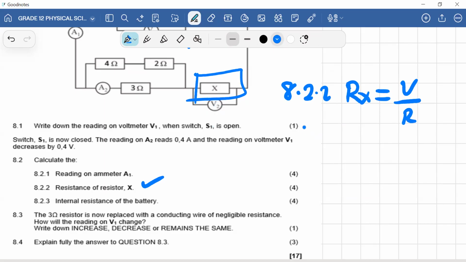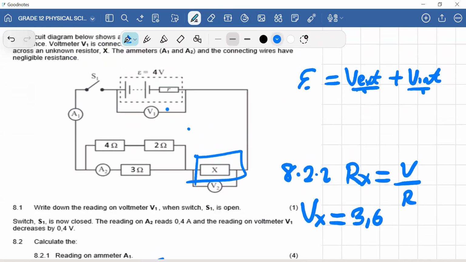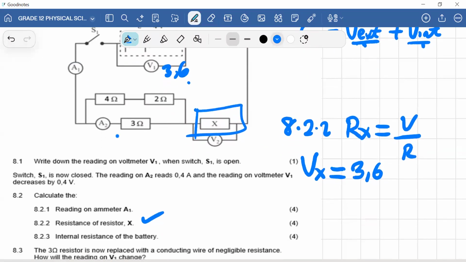So we have to say the voltage across the X resistance is equal to, now the total external voltage is 3.6. That is what we got here when we subtracted. That is the total external voltage. And we got the voltage across the parallel side. We got it to be 1.2 volts from our calculation. So this voltage plus this voltage here give us this voltage.